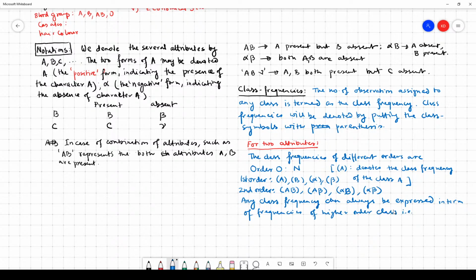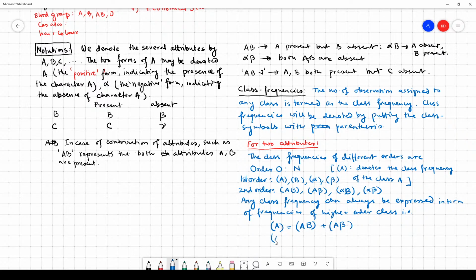For example, this is the first order frequency, that means the class frequency of the class A, that means attribute A is present. This is nothing but A present, B present, both present, this is the second order frequency, and A present, B absent.